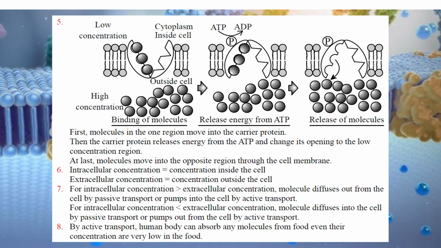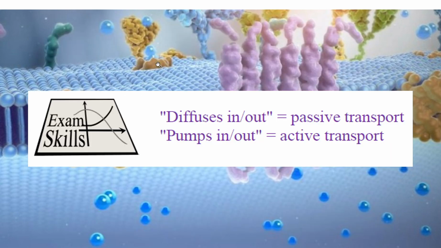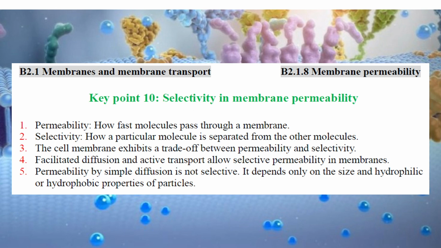So just think about whether it will happen naturally or not. Naturally is passive transport, no energy needed. If it is not natural, from low concentration to high concentration, impossible, so we need ATP. Remember, diffusion in and out is passive transport; pumped, no matter in or out, is active transport.